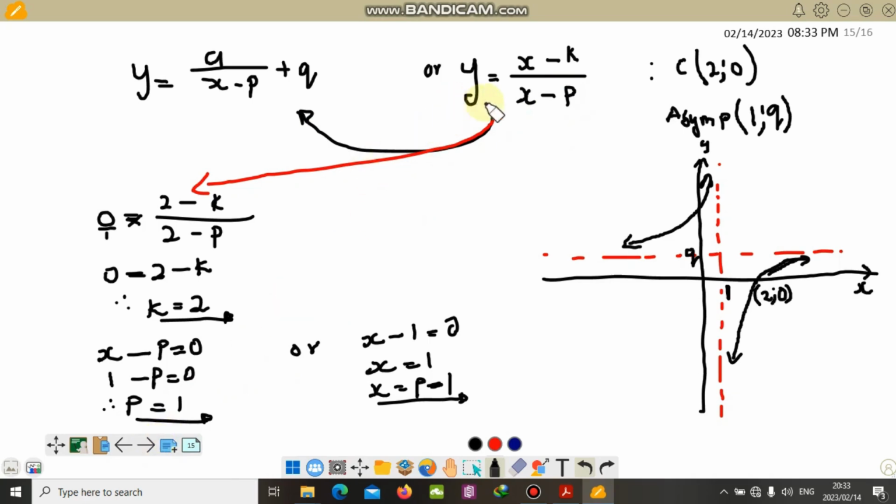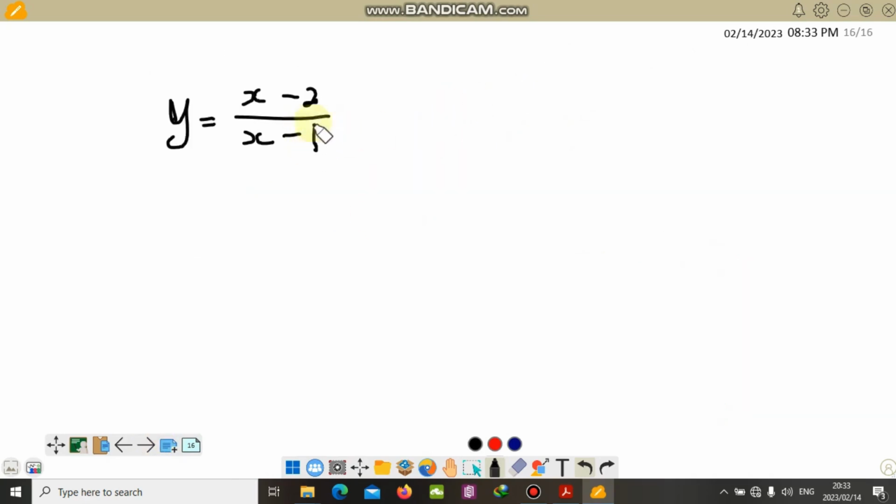If p was negative 1, I was going to write it as a negative. If this was negative, I was going to write it with its own negative, bracket like. Hope you understand what I'm doing. Okay? 2, 1. There we go.